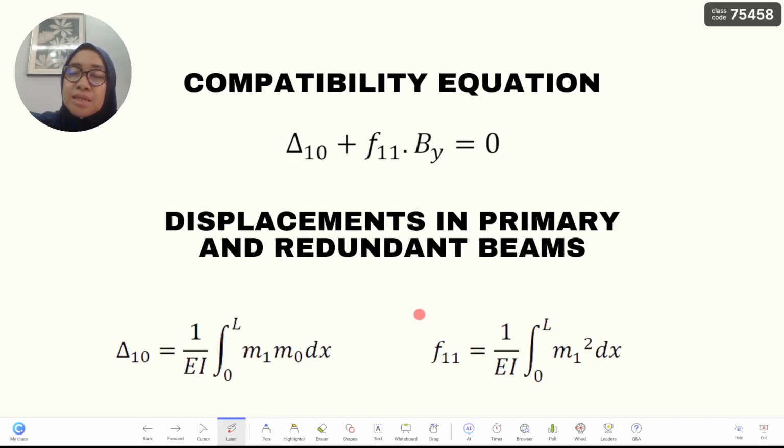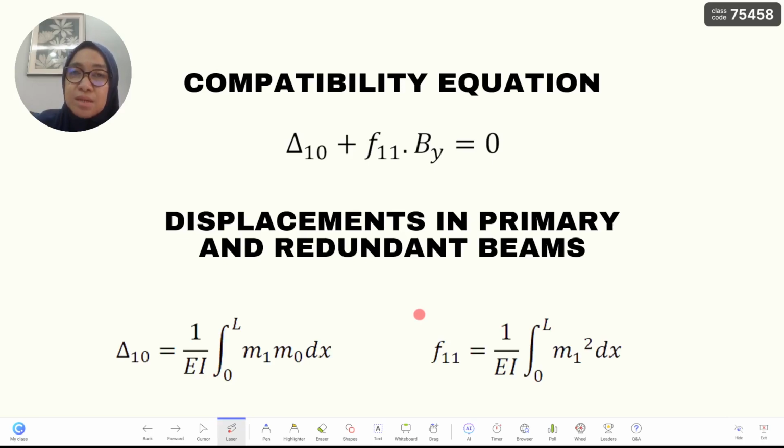We also adopt what we do in the topic of principle of virtual work, or the unit load method. This displacement can be calculated by integrating the moment equations from two structures: the first is called the primary structure, and the second is called the redundant structure.